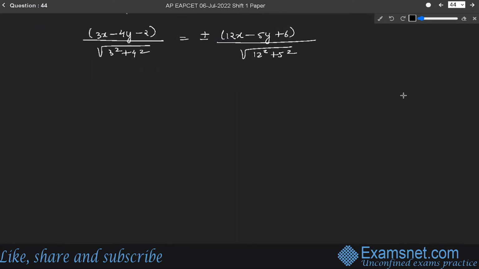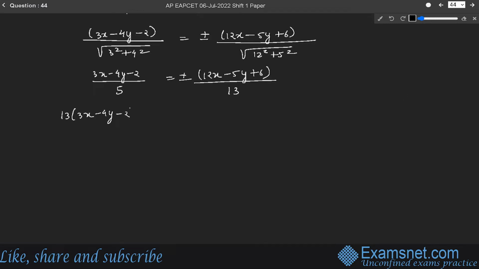Now, on further calculation, it becomes (3x minus 4y minus 2)/5 is equal to plus minus (12x minus 5y plus 6)/13. On cross multiplication, it will be 13 into (3x minus 4y minus 2) is equal to plus minus 5 into (12x minus 5y plus 6).